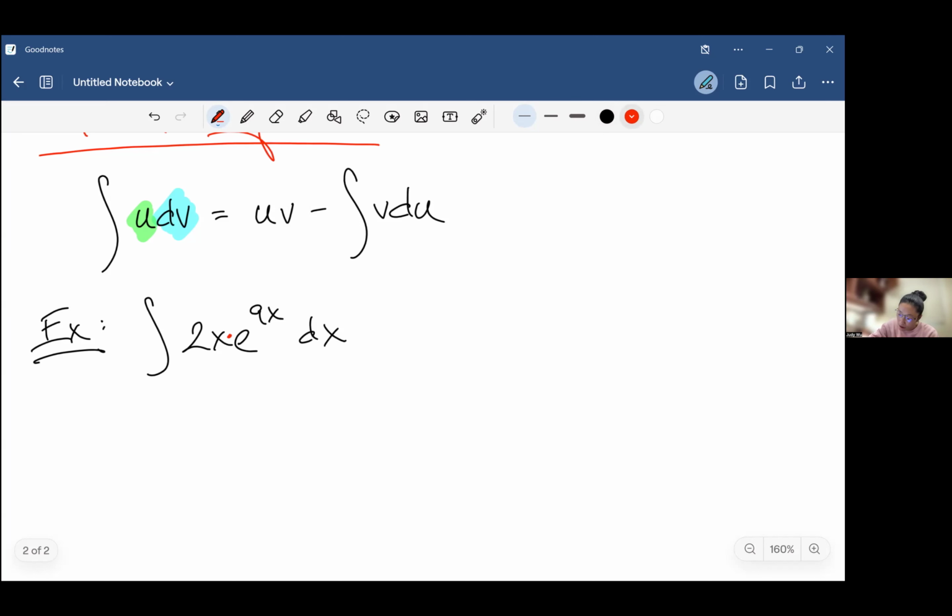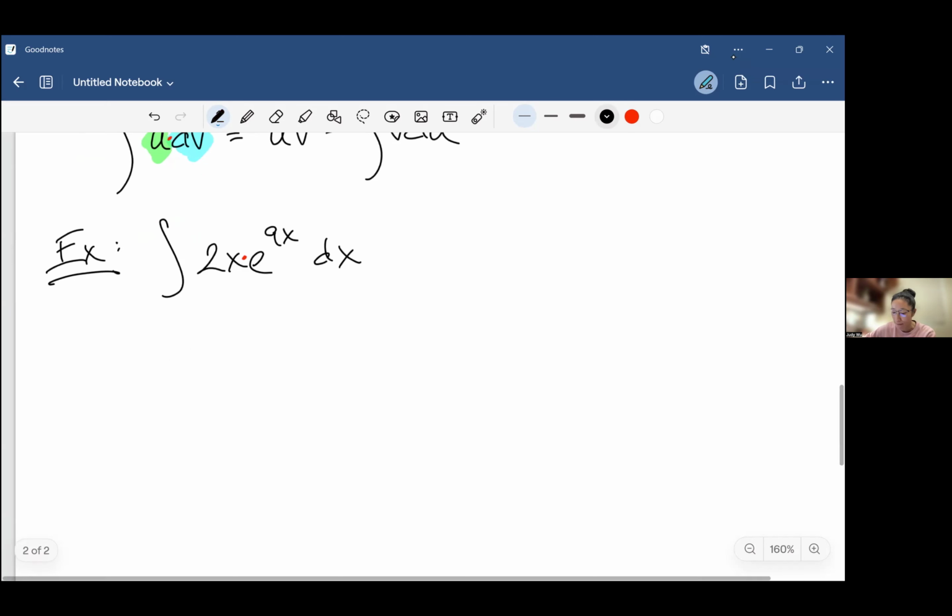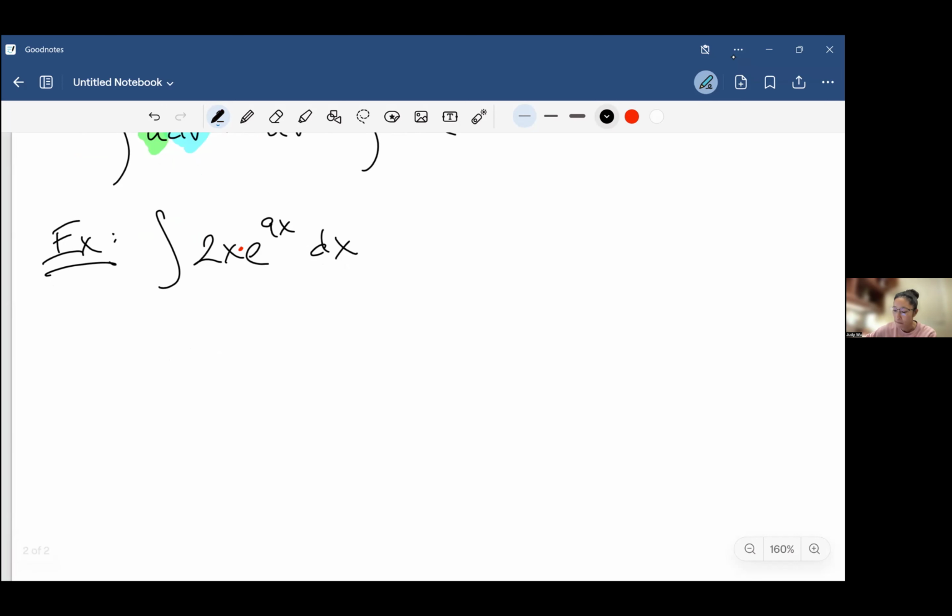That's the secret operator between our u and our dv, so this looks like a really good application of integration by parts. I would encourage you to do this along with some that you know are u-sub, and some that you know are partial fractions, and see if you can tell why we're using integration by parts. I'm really going to want you to know how to make that decision.